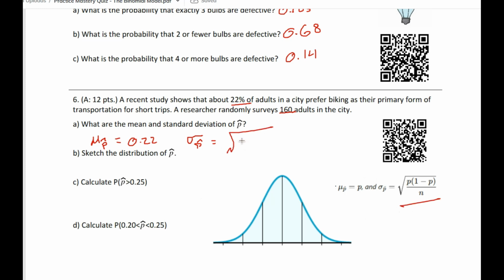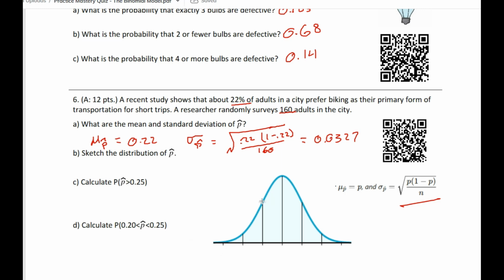The square root of 0.22 times 1 minus 0.22 divided by n, which is 160. And you get about 0.0327 for that.